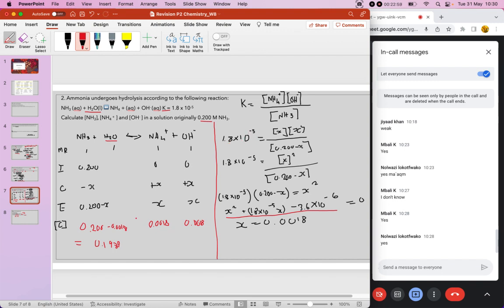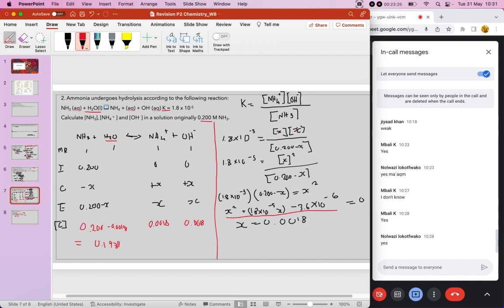And from our table, the concentrations of NH4 plus and OH minus we don't know, so we're going to take them as x, and 0.2 minus x for ammonia, and you substitute that into your Kb expression.